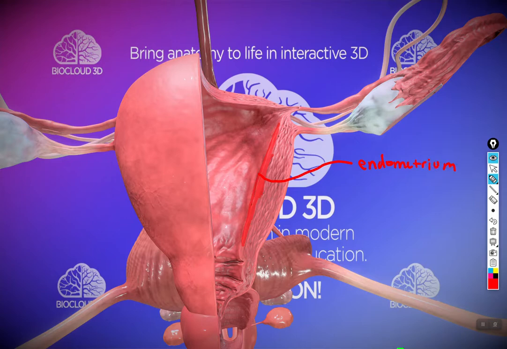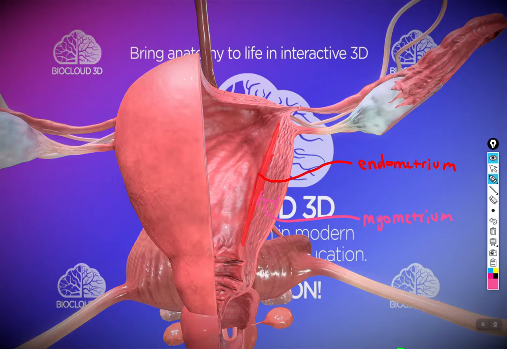And that is made of a glandular epithelium that grows every menstrual cycle with the goal of providing a place for embryonic implantation. And then the middle layer, which is from here to about here, is the myometrium.